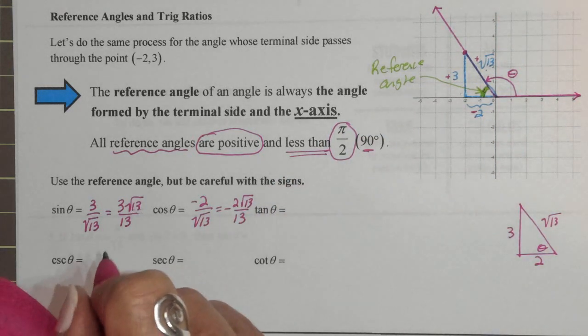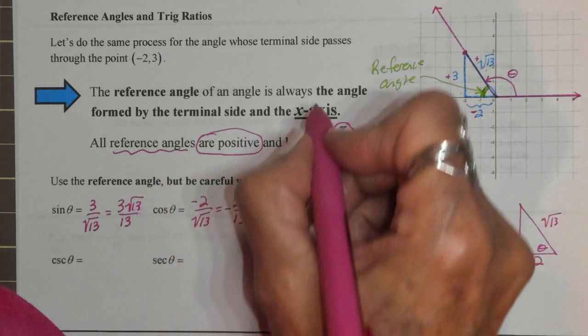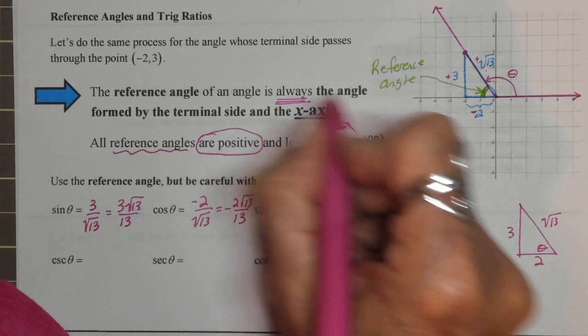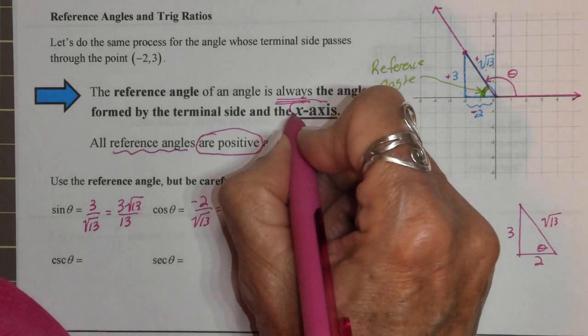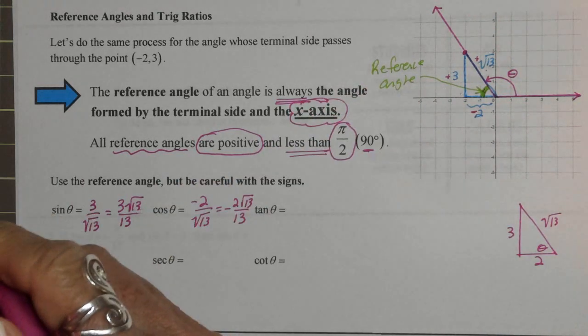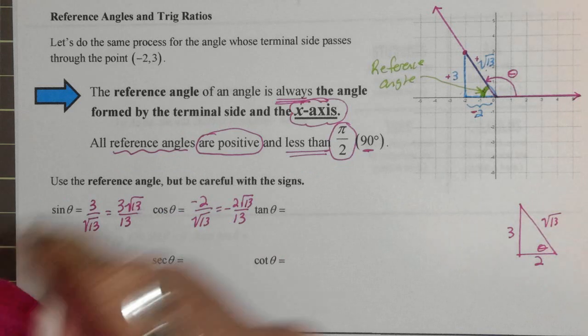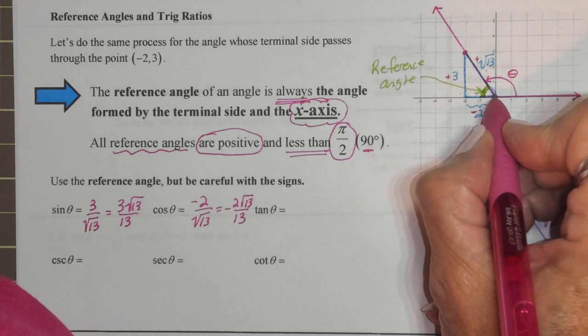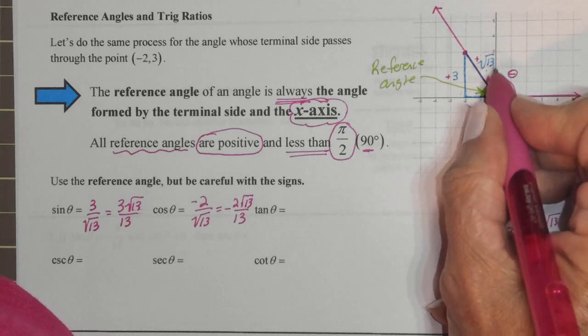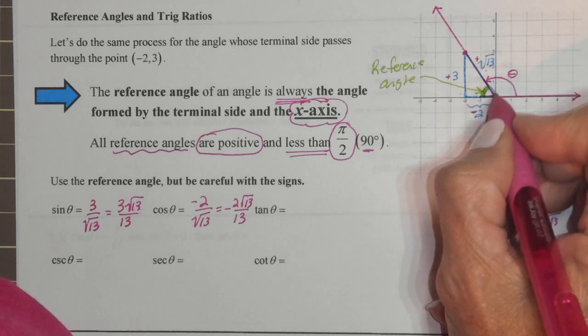And you always use the terminal side and the x-axis. It always goes between the terminal side and the x-axis. Never the y-axis. Never. Okay?